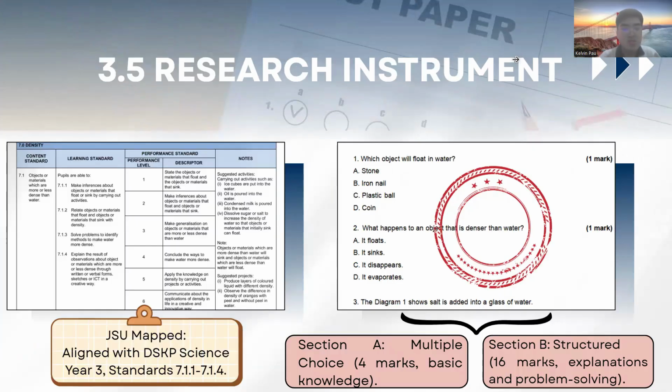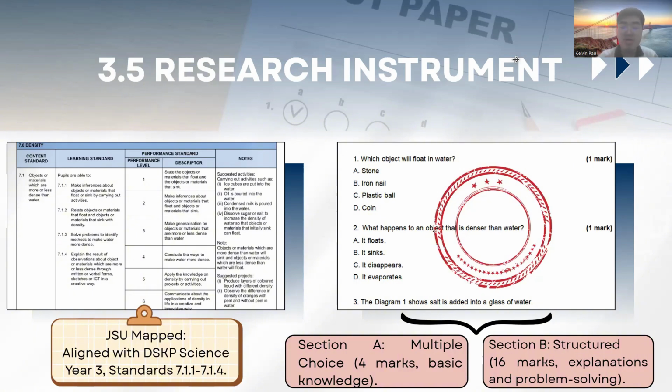The research instrument is aligned with the KSSR Science Year 3 Chapter 7 Density, from Learning Standard 7.1.1 to 7.1.4. The main instrument is an achievement test, which includes 4 objective questions worth 4 marks, and 4 structured questions worth 16 marks.